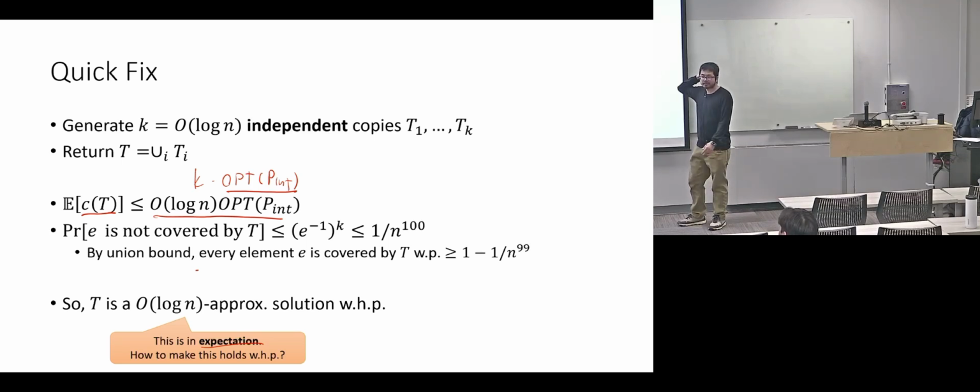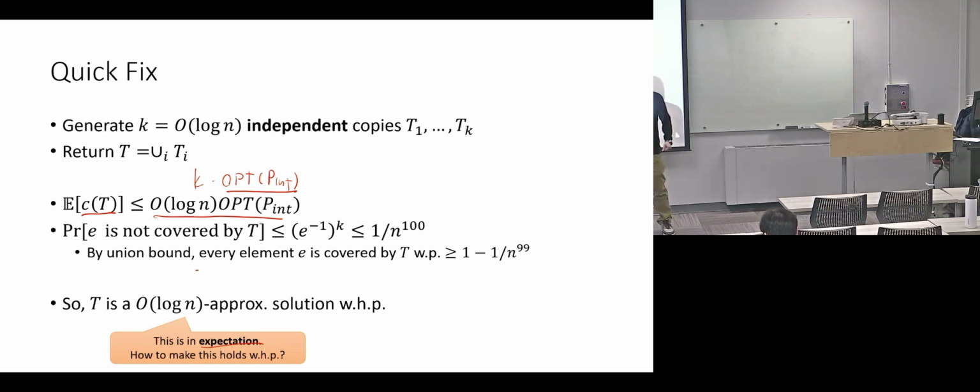Yep. Can you use Markov with whatever threshold you want? Yeah, exactly. The expected cost here is k times opt. So with at least half probability, it's going to be at most 2k times opt. Now if you run your whole algorithm log n times, one of them will have cost at most 2k times opt, because each of them is good with probability half.